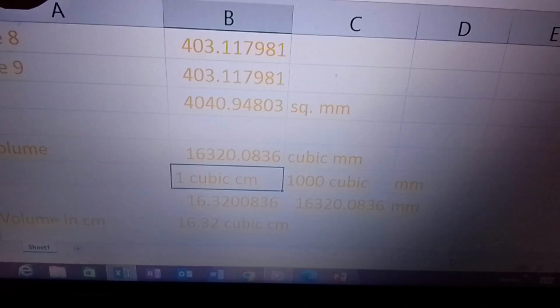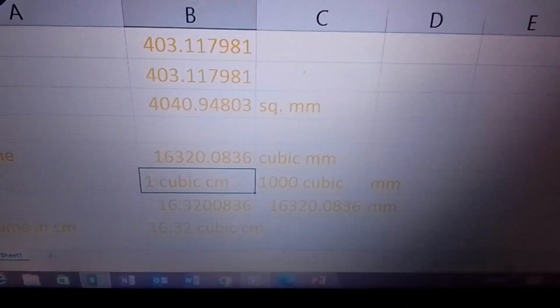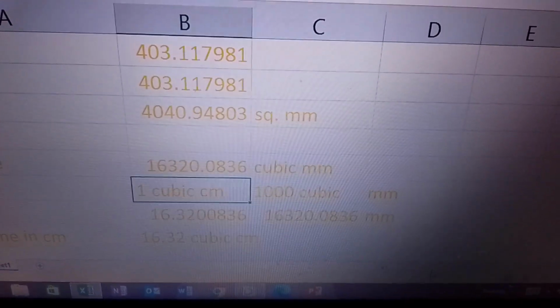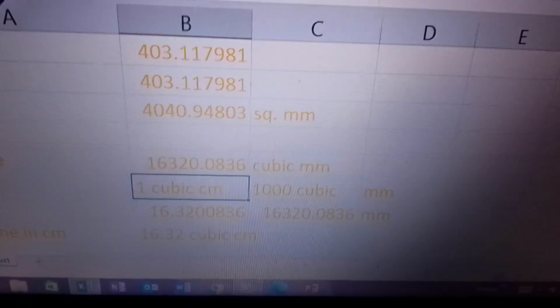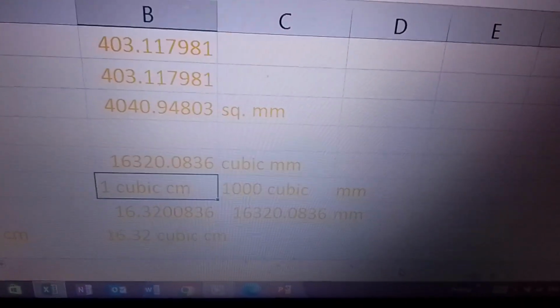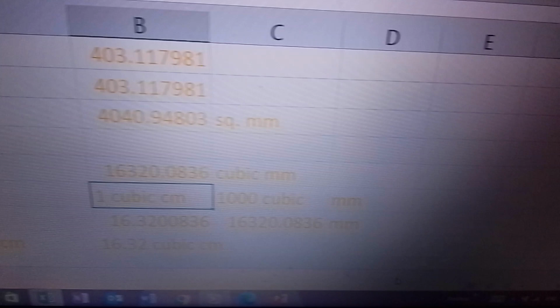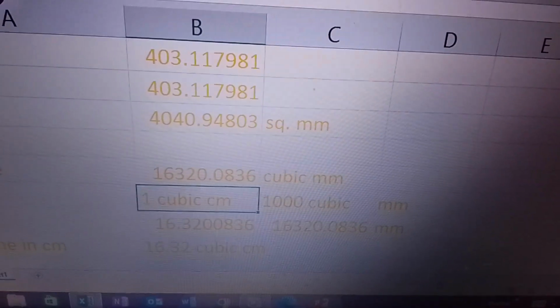If you want to convert that to cubic centimeters, you will have to divide it by 1,000. Remember, 1 cubic cm is worth 1,000 cubic millimeters. And then once you divide that, you're going to move the decimal place 3 places to the left, and we should get 16.32.